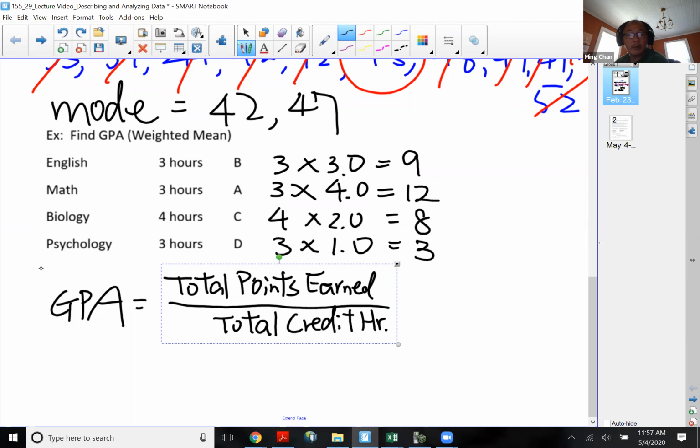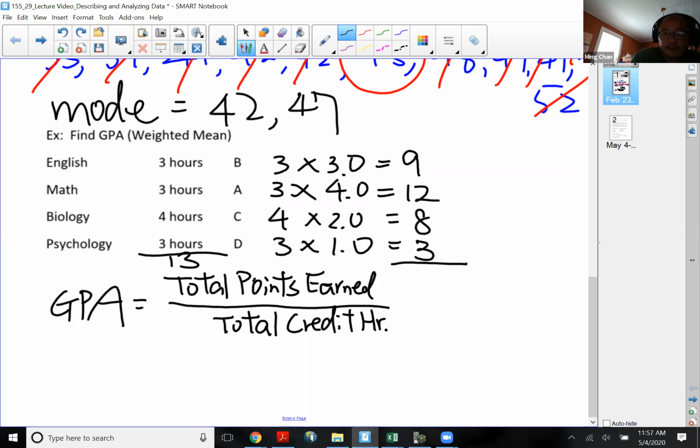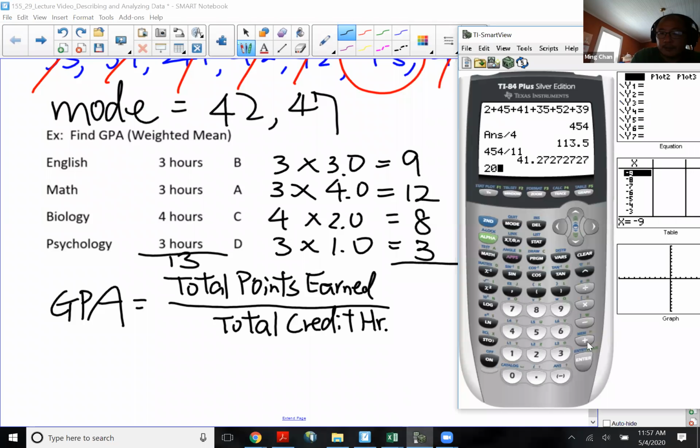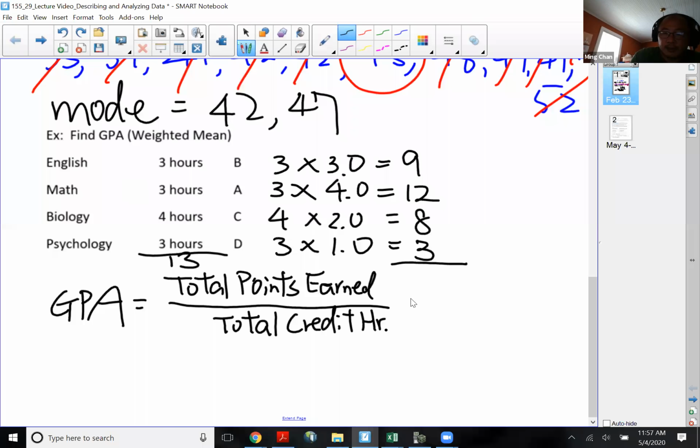How many credit hours do we take? 3 plus 3 plus 3 plus 4. That's actually 13 credit hours. How many points did I earn? That's 20 plus 12. I earned a total of 32 points. So that will be 32 points divided by 13 credit hours.